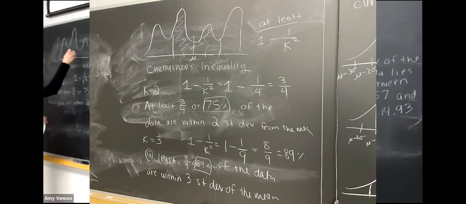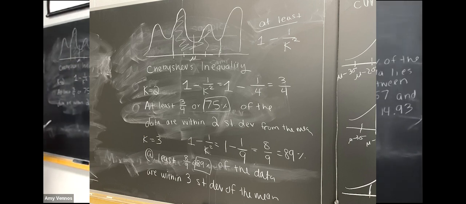If we have our mean here, let's just pretend this is the mean, and we go 1, 2 standard deviations away from the mean and shade in our distribution, we know that at least 75% of the data is between this value here, subtracting off 2, and this value here, adding on 2 standard deviations. Okay, does that make sense?